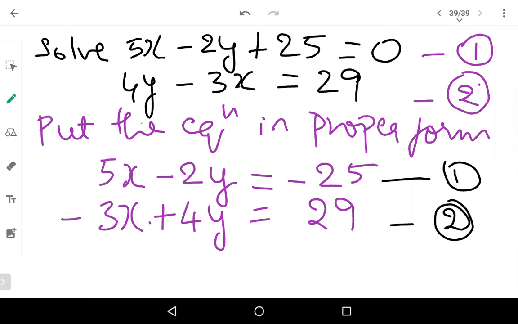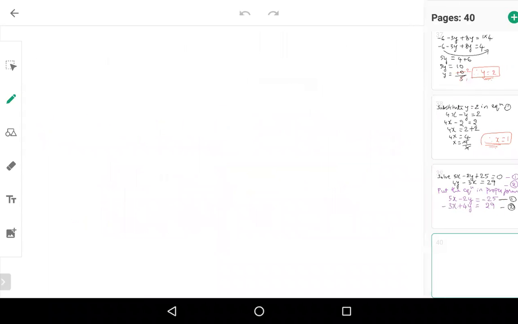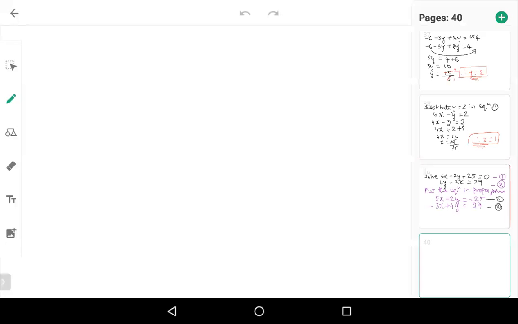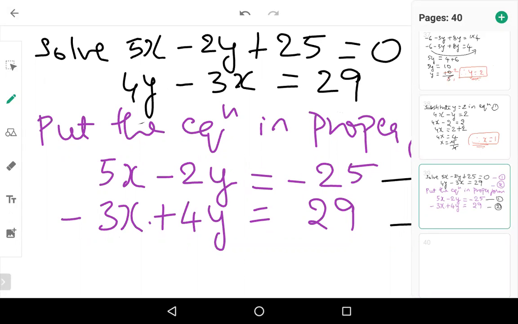I think that is much easier for you, and it has fewer steps. Now let us solve. You have two equations: 5x minus 2y is equal to minus 25, and minus 3x plus 4y is equal to 29.